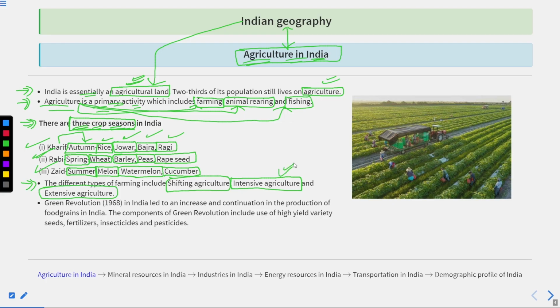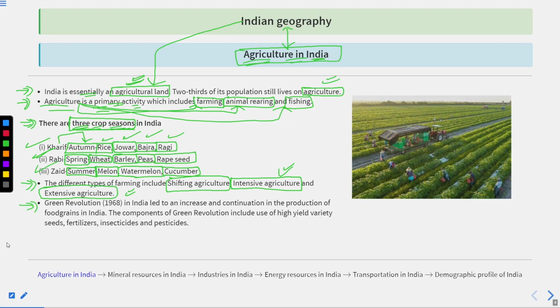Intensive agriculture is also known as subsistence agriculture, in which the farmer and family engage in agriculture just to fulfill their needs. They do not grow crops for selling. In extensive agriculture, commercial agriculture is there. It means the crops grown by the farmers are generally grown with the intention to sell them.